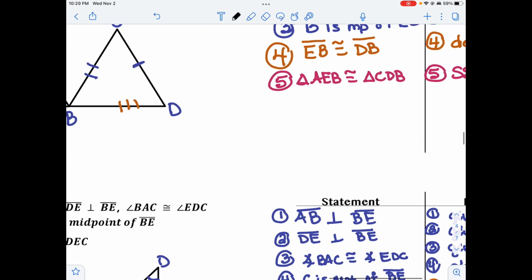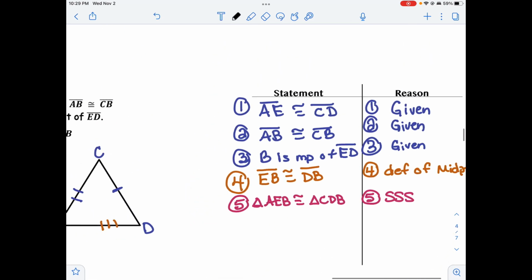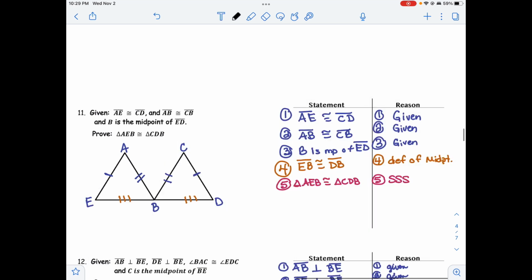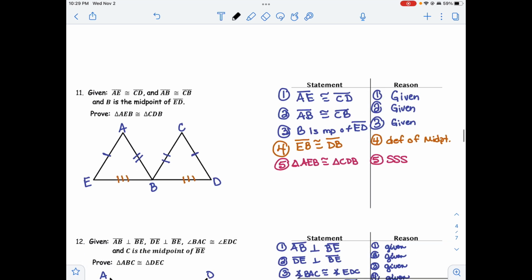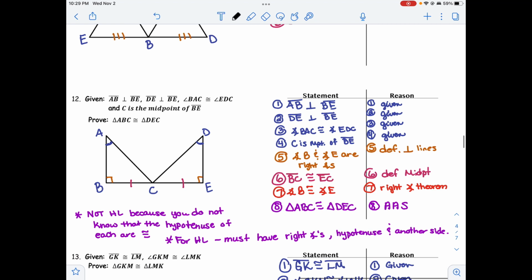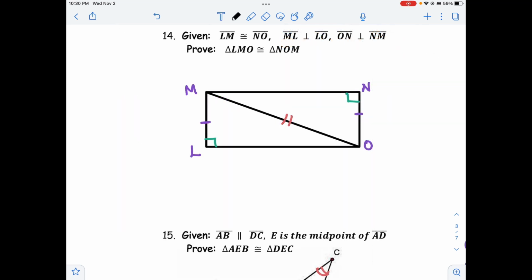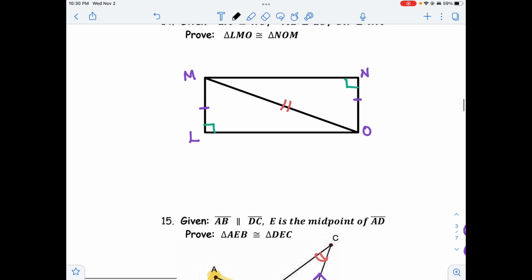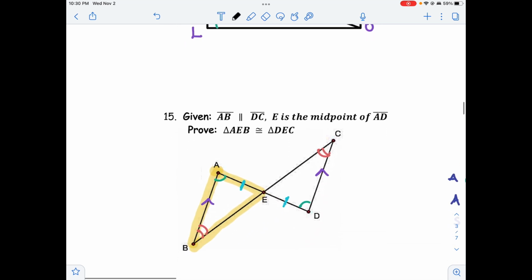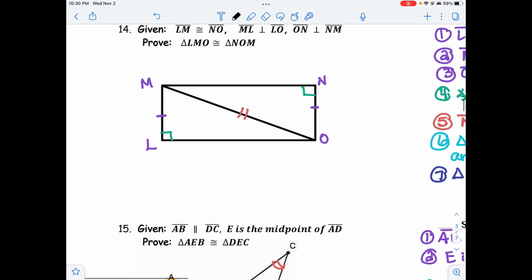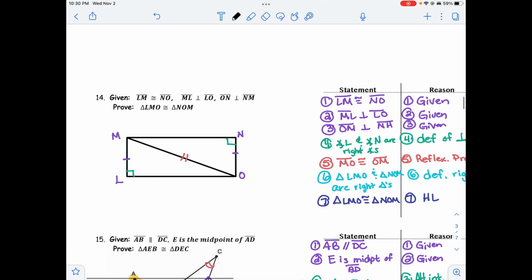And then your answers, 11, 12, and 13. Your last two, number 14, your labels, and 15 should have your labels. And then your answers for 14.